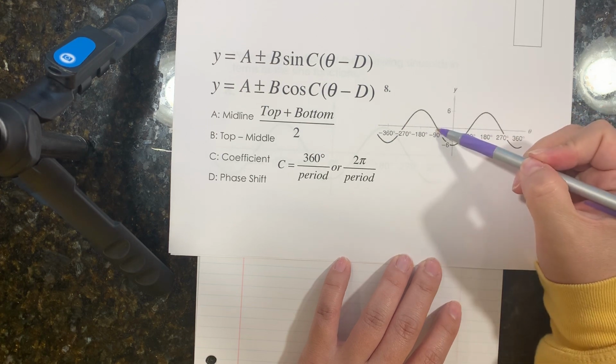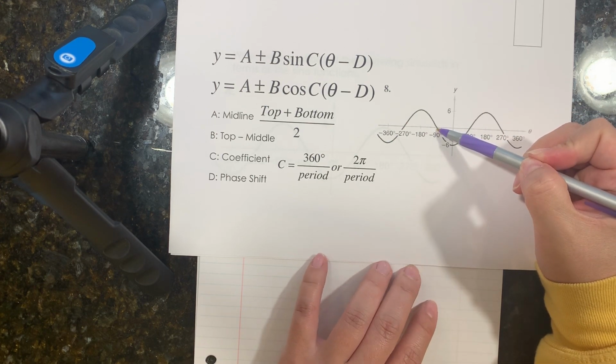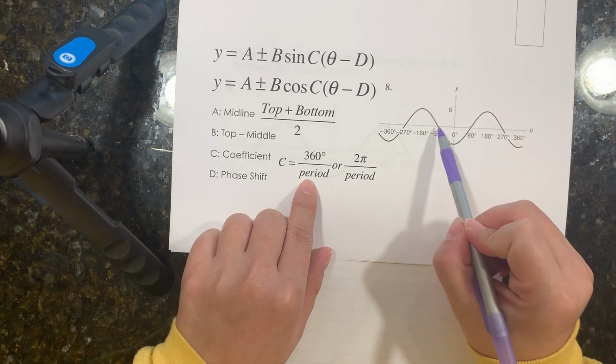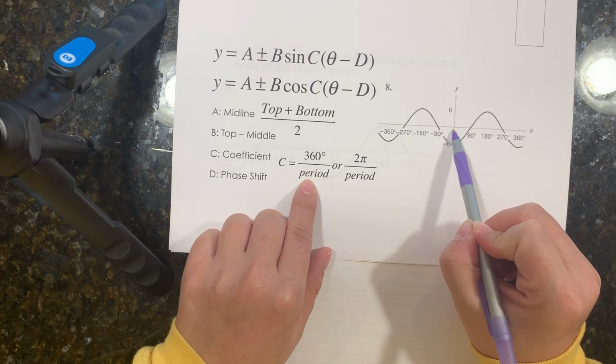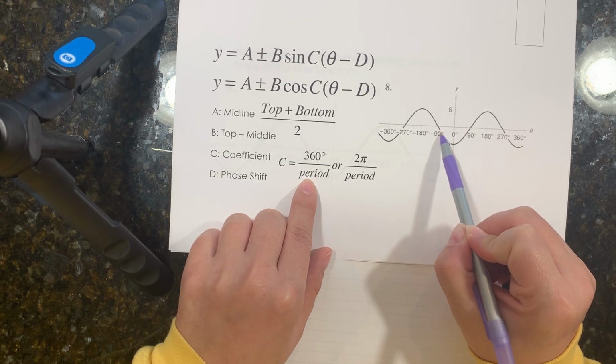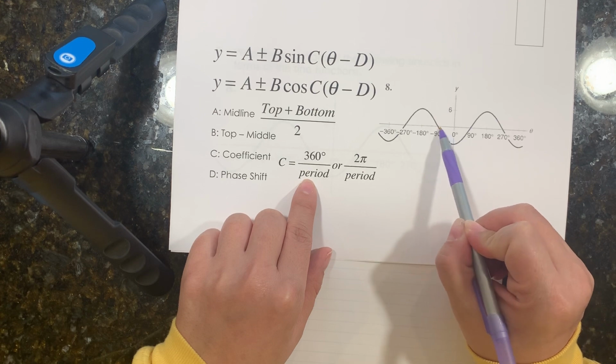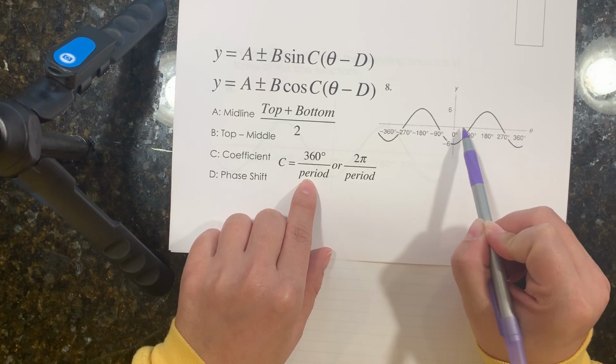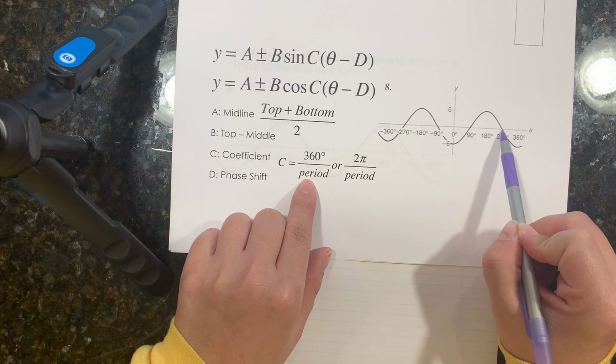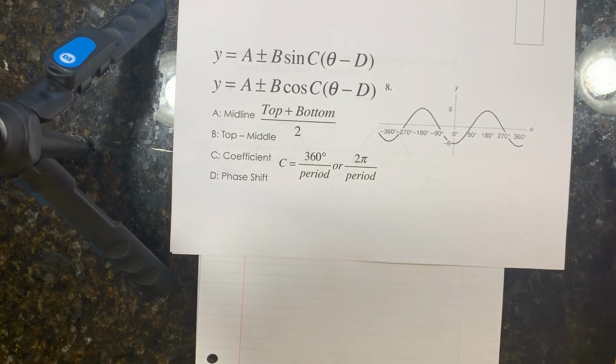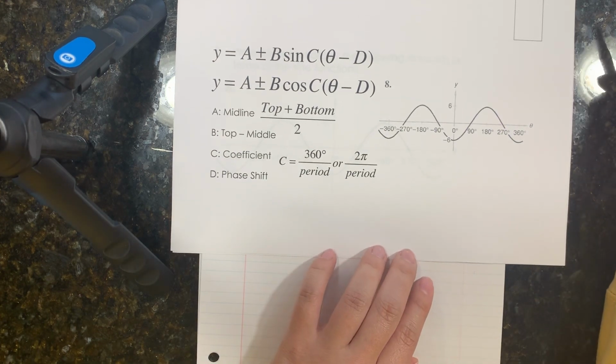If you start on the negative side, this length would go from 90 degrees, so you would use the absolute value because it's the distance from 0 to here, which is 90 degrees, and then from here to here, which is 270, so you'd add them together. That's how you calculate the length of the period.